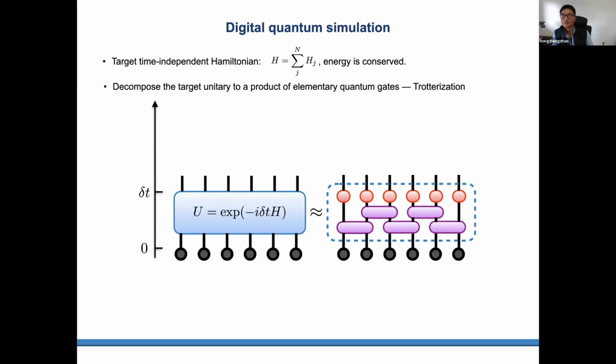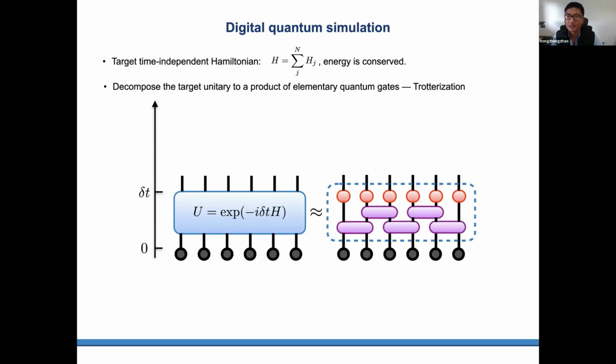For simplicity, I would start from a time-independent Hamiltonian, which is just a sum over a few local terms. One key important thing is that for those static systems, the energy is conserved, which is a key element for the algorithm that I will introduce later.